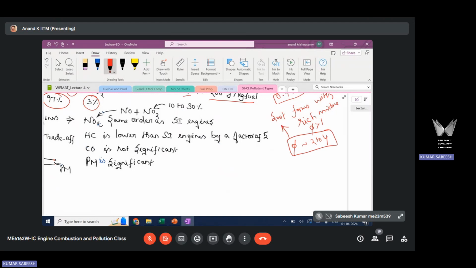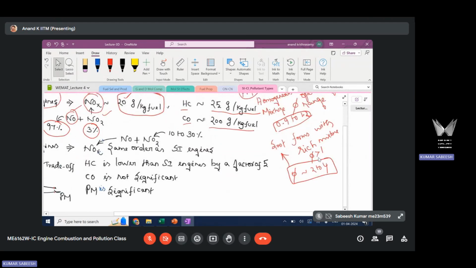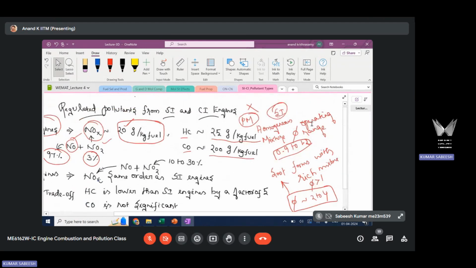Based on experiments, people have observed that in this range of phi, soot formation levels are high. Since the operating phi range of SI engines is well below this 2 to 4, and since the mixture is homogeneous inside the cylinder, it won't reach the 2 to 4 level. That's why PM emissions are negligible. In fact, there is no particulate emission from a conventional spark ignited engine.